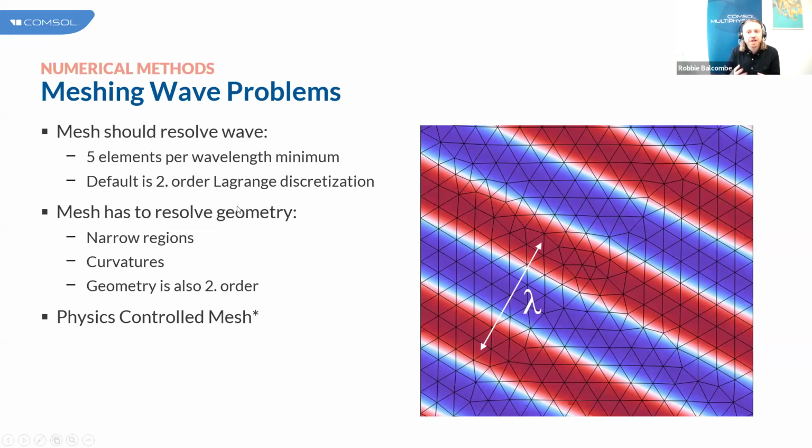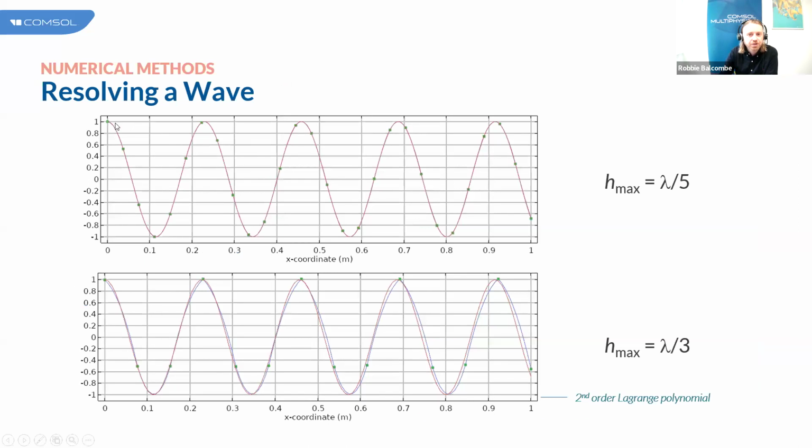And what we can see here is that in order to get an accurate solution in terms of resolving the propagating field, we need to have a minimum of 5 mesh elements per wavelength, assuming that we're working with second order elements. So this meshing criteria will ensure that when we compute our solution, we sample it at enough points in order for the numerical solution to give us a good account of the real solution of the propagating field.